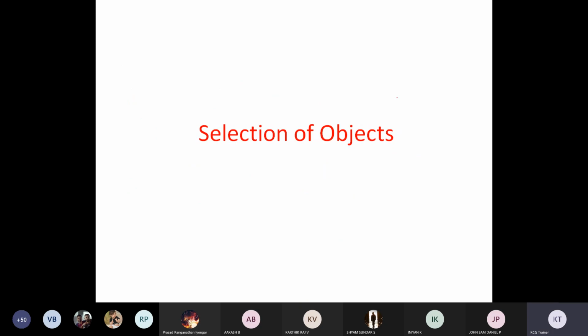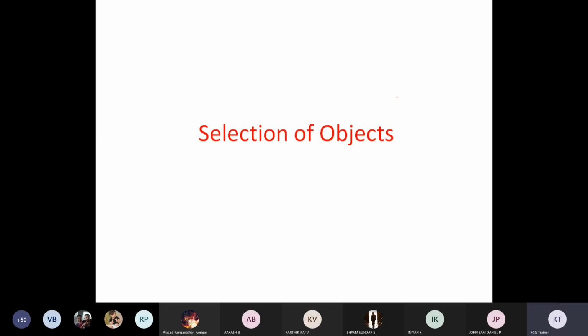The next topic, selection of objects. In selection of objects, as I already told you, there will be questions based on letters, objects, and numbers.